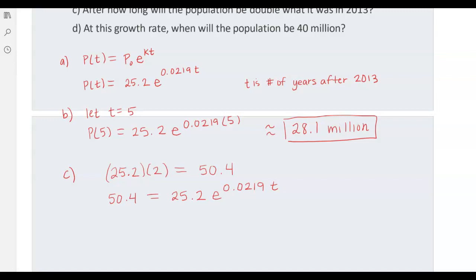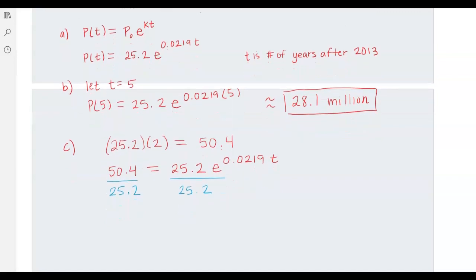I know that I want to take the log of both sides because I have an exponential. But before I do that, I want to move everything away from that e number. So I'm going to divide both sides by 25.2 here. And an interesting thing happens. You end up getting 2 on the left-hand side. And we'll see this in a couple slides.